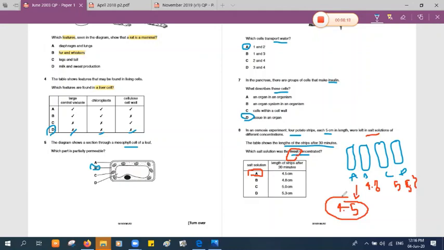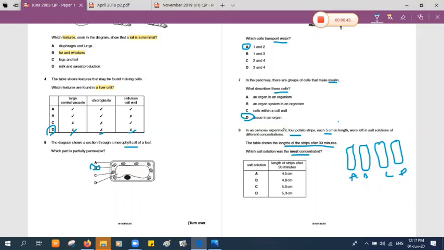That's why, because when we put any cell in a concentrated salt solution, it allows the water to pass outside of the cell, so the cell will shrink and decrease in size. Okay, let's move to the next.